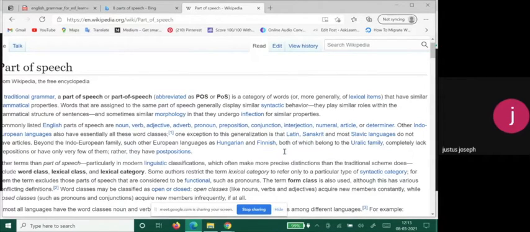Now in Sanskrit, these parts of speech are a little bit different. So because of that, you all would have a slight difficulty in transforming yourself from your native language grammar to your English language grammar.